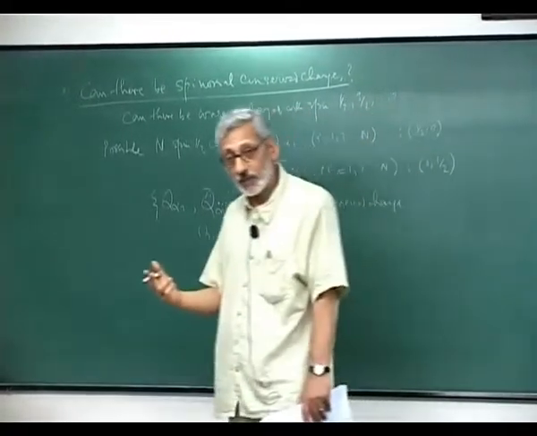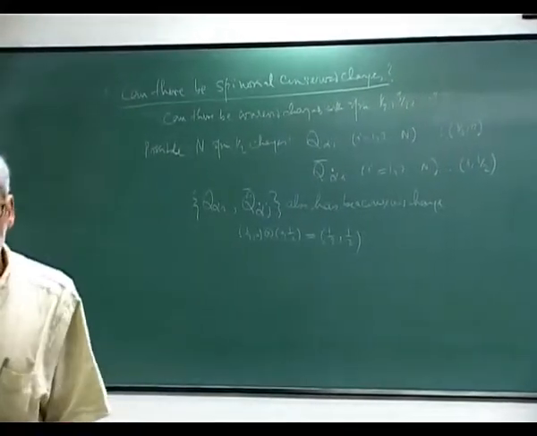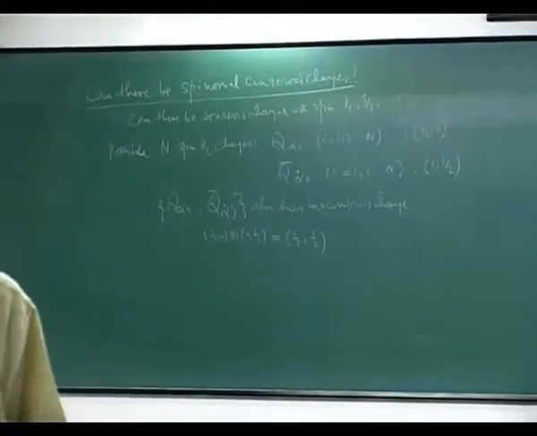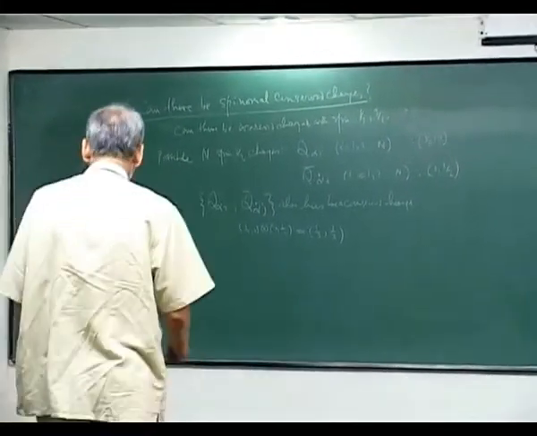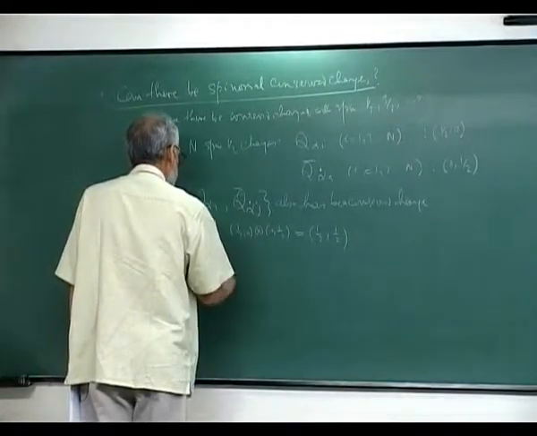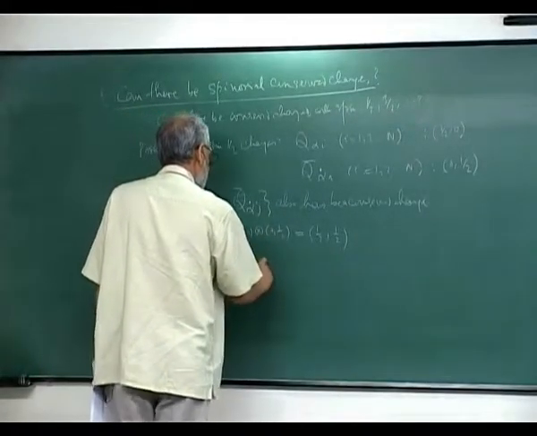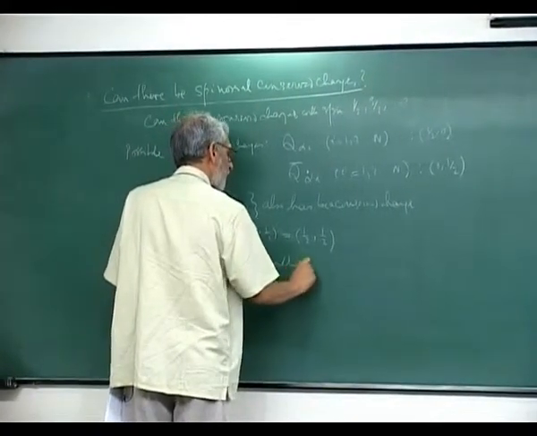Now do we know any conserved charge which is in the Lorentz group representation half-half? There is one, the energy momentum vector P mu.